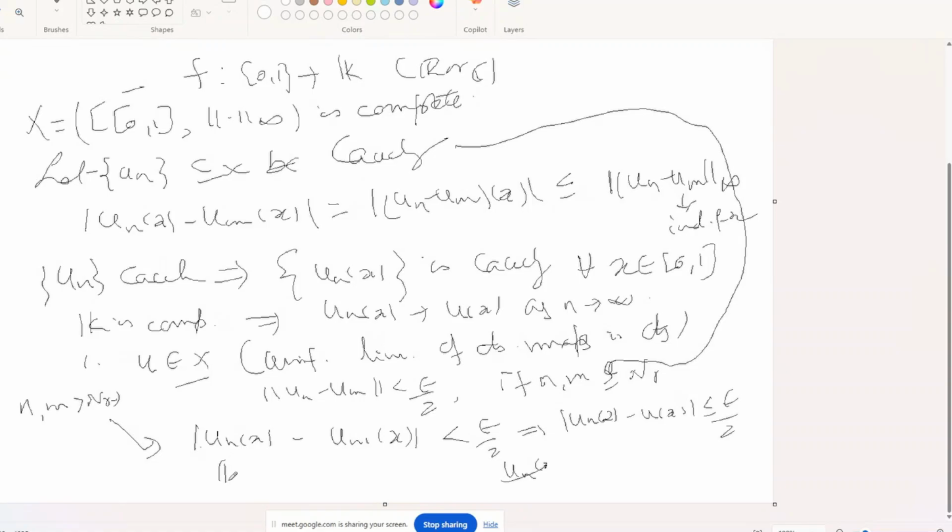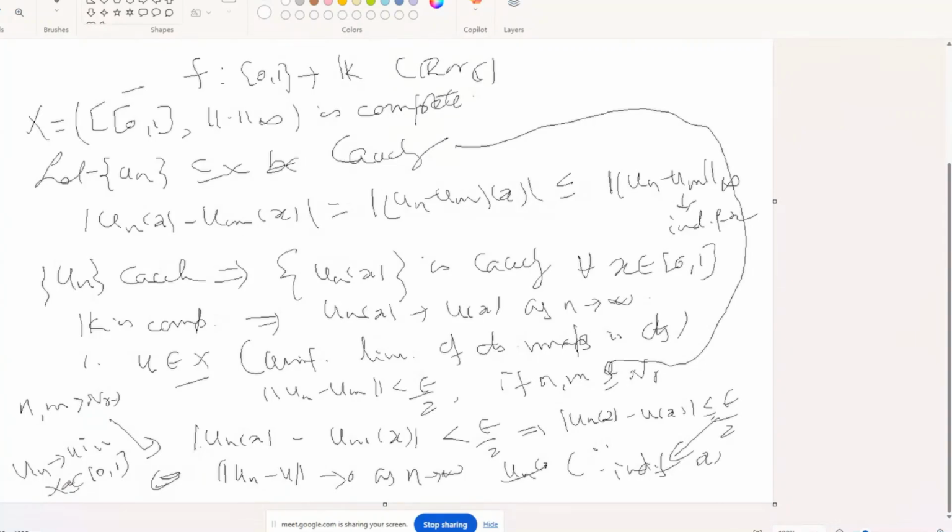What it says is the norm of u_n minus u goes to 0 as n goes to infinity, because this side is independent of x. So this implies that u_n converges to u in C01. That is your X. Clear?